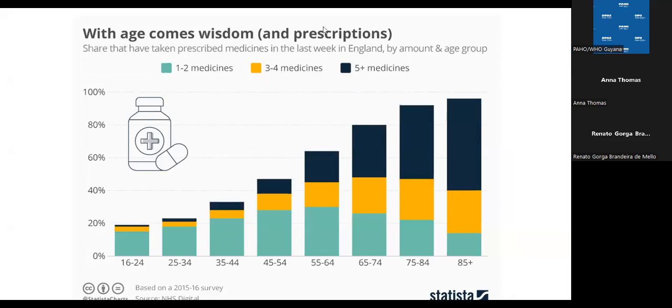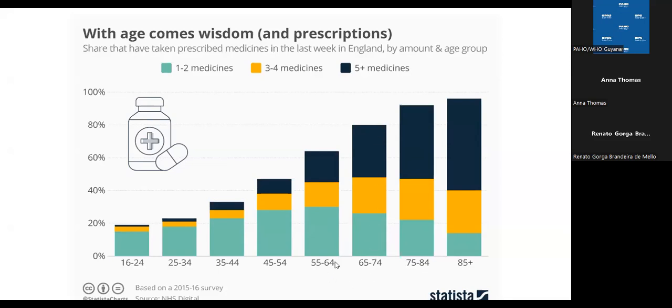Here you can see that the older the patient is, the greater is the number of medications a patient is taking. You can see here that patients over 65 years tend to take several concomitant medicines.